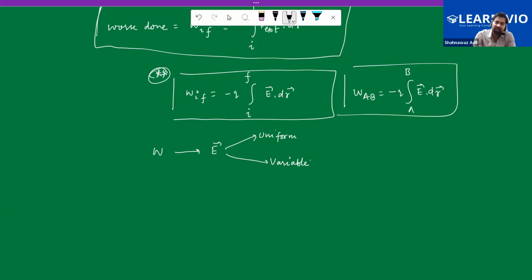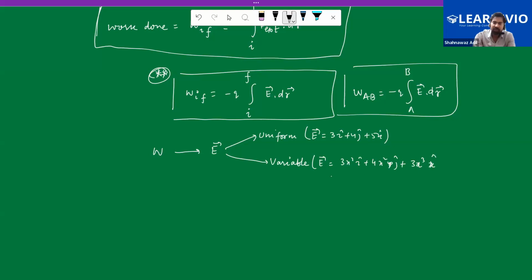Right? So if the electric field is uniform, what would be the form of the electric field? This would be something like 3i plus 4j plus 5k. So this is a uniform electric field. What is a variable electric field? This would be, let's say, 3x squared i hat plus 4x squared y j hat plus 3x cubed k hat.